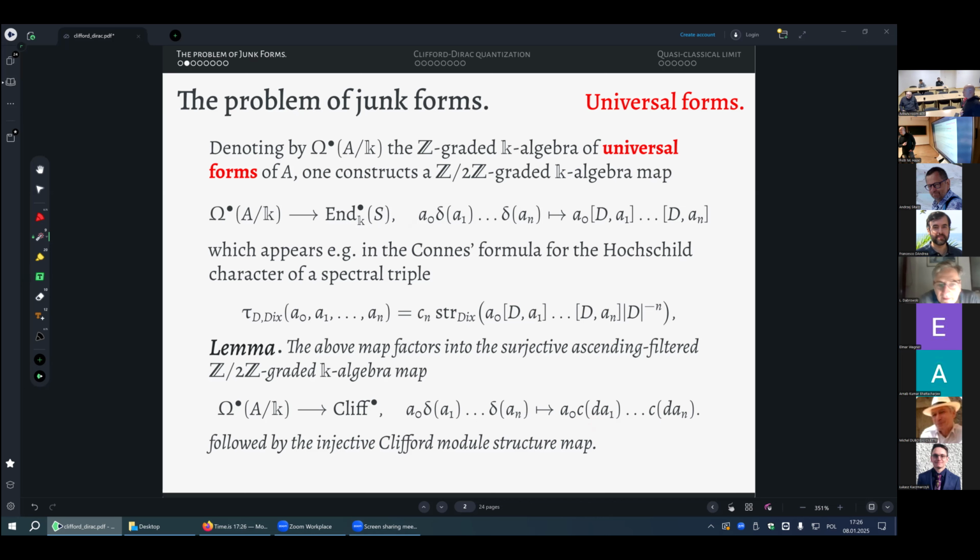And then it is followed by the injective Clifford module structure map. So these are operators, elements of the Clifford algebra, which you can tautologically define in terms of Clifford multiplication.